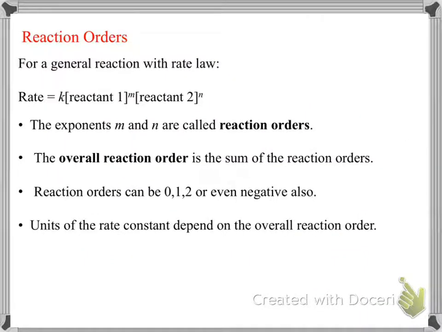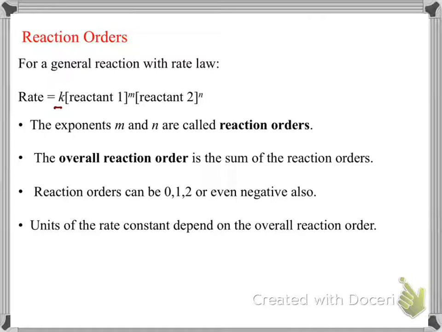Now let's take any general reaction. For example, let's say we have two reactants, then what will be the rate? It will be k times reactant 1 raised to the power m times reactant 2 raised to the power n.